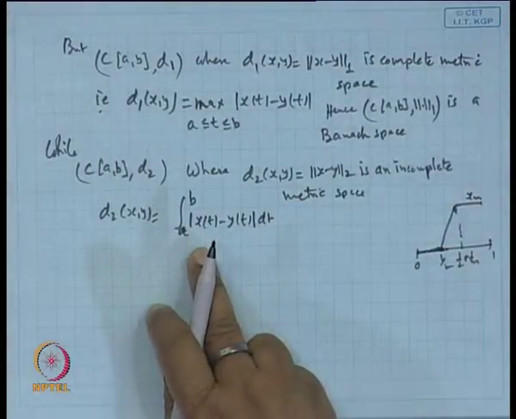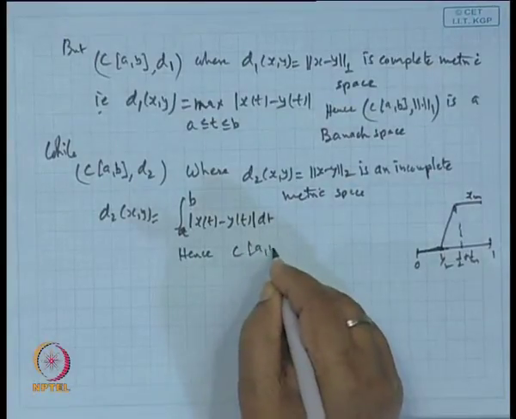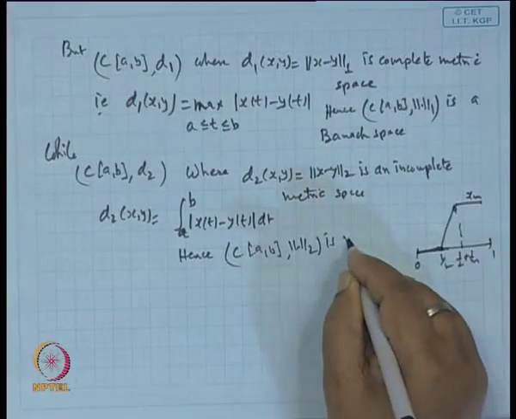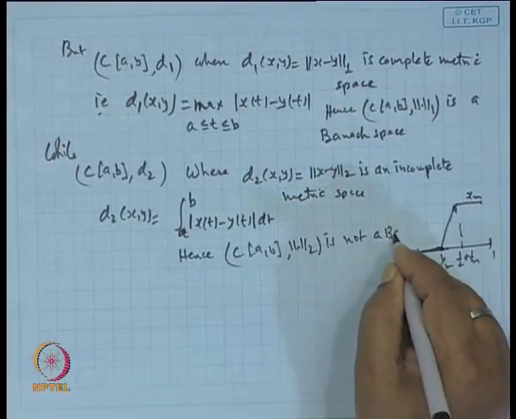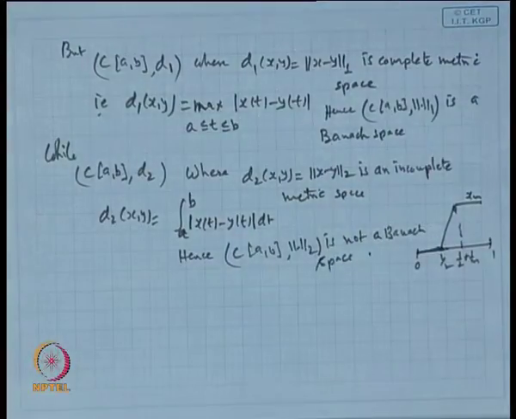So, it is an incomplete metric space. Hence, the C[a,b] with this norm 2 is not a Banach space. It is simply a normed space, but not Banach, because it is not a complete normed space. So, it is the incomplete normed space.